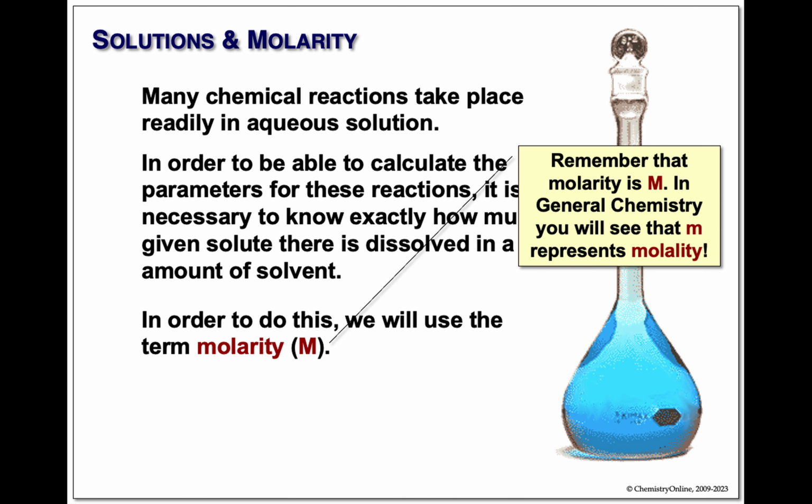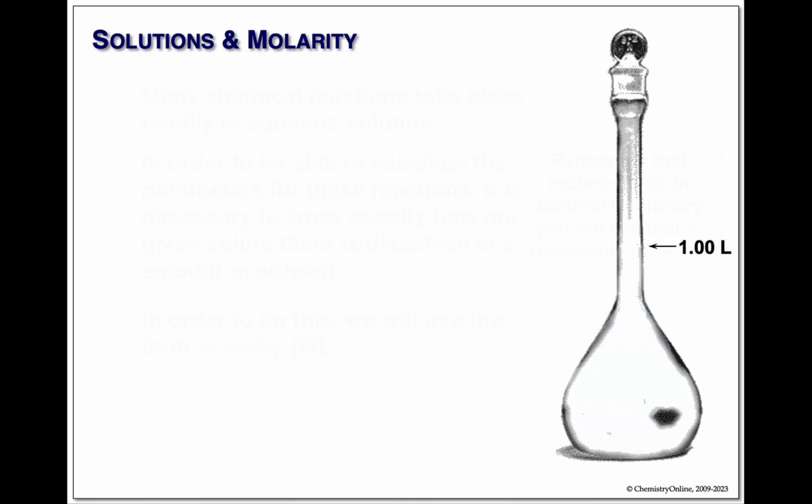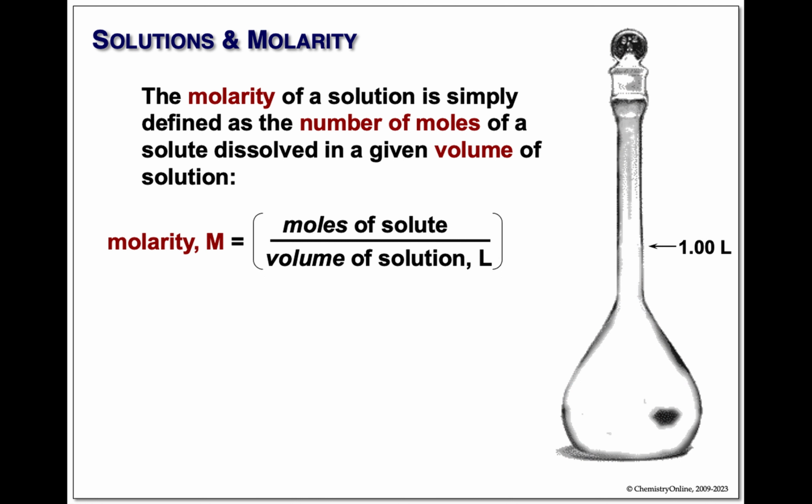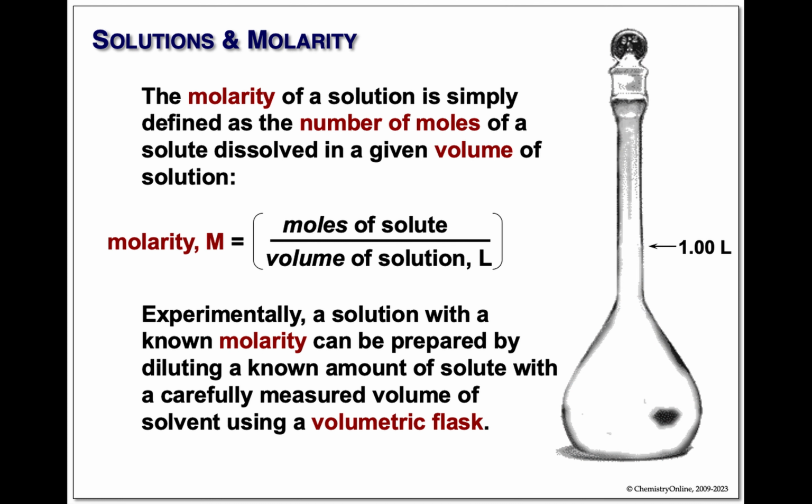To make a solution of known molarity, what we'll do is start off with our empty flask. We will then weigh out a solute, a certain amount, a certain number of things, and we will add it to our flask while it's empty. So here we go. Now, we know the number of moles that we put in there.